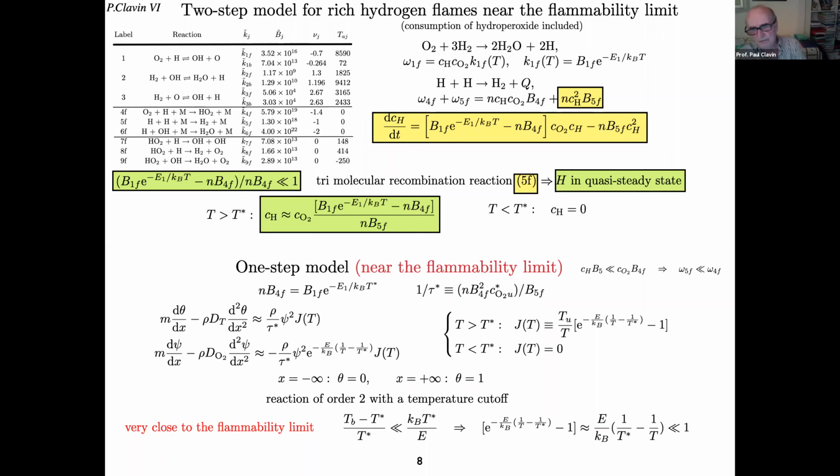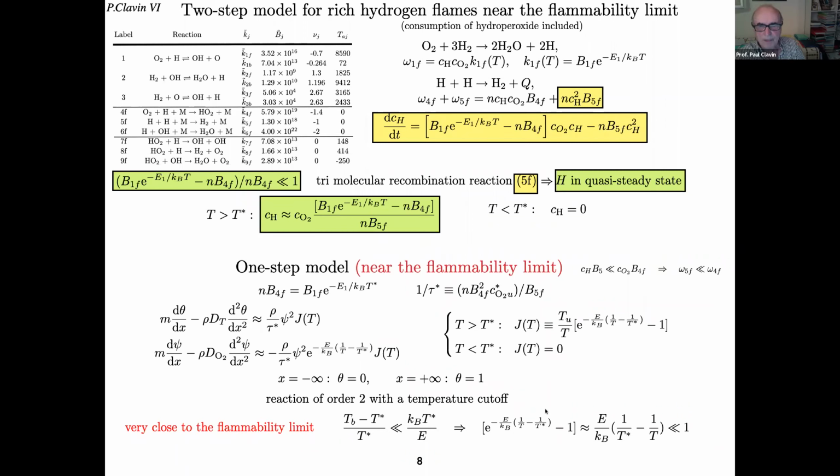So now, very close to the flammability limit, you can expand this term, because this is small, so this is 1 plus this, and so you can express that like that.